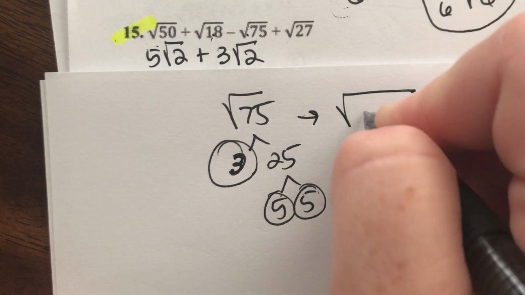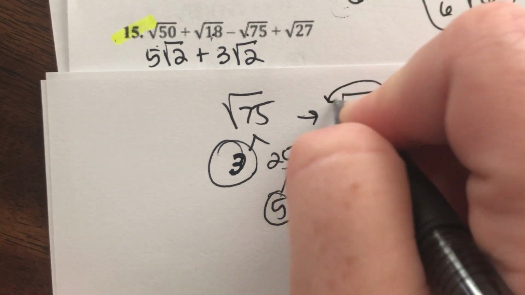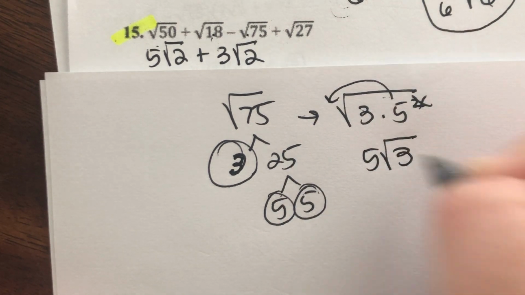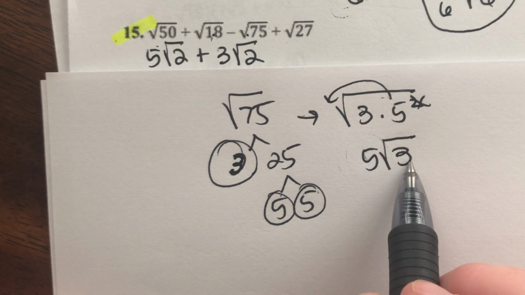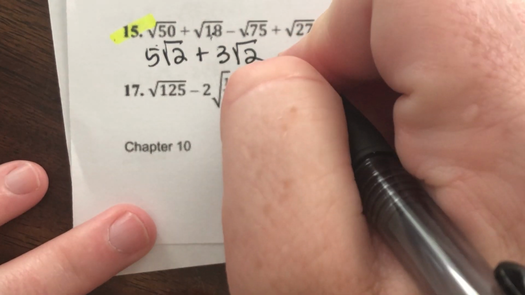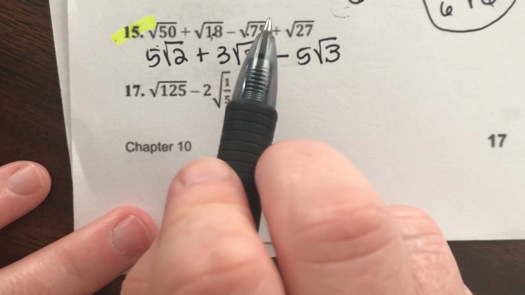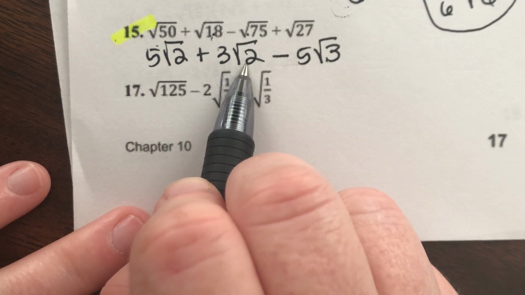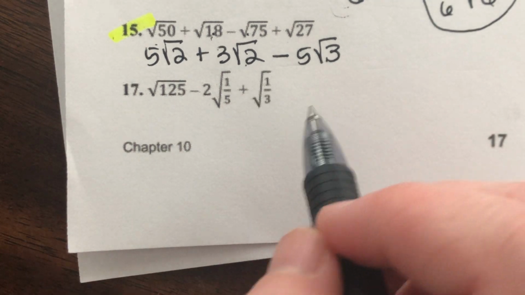So that's square root of 3 times 5 squared. The 5 can hop out front. 5 times the square root of 3. Fantastic. If I square this, 25, multiply it by 3, I get 75. I know I'm right. So 5 square root of 3. Now the one thing I notice is that this does not match this. But it's okay, because once we get everything simplified, we're just going to combine like terms. That's it. No big deal.